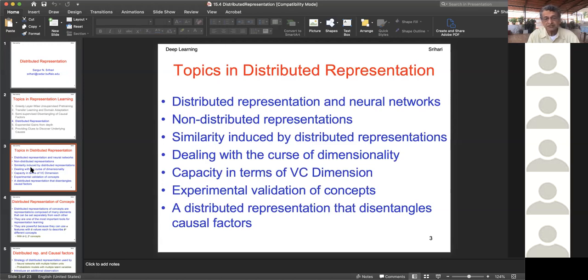Now, that's an interesting theoretical concept, and how it relates to efficiency. And look at one example of experimental validation of concepts.